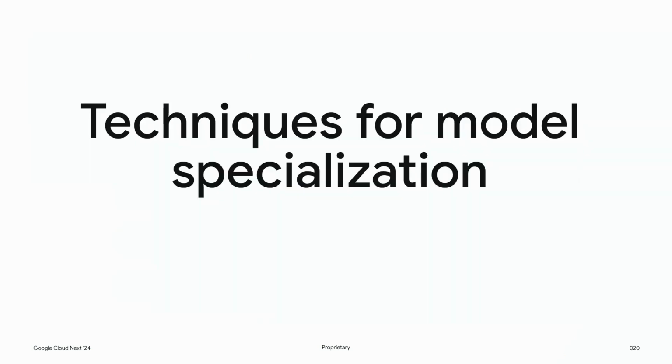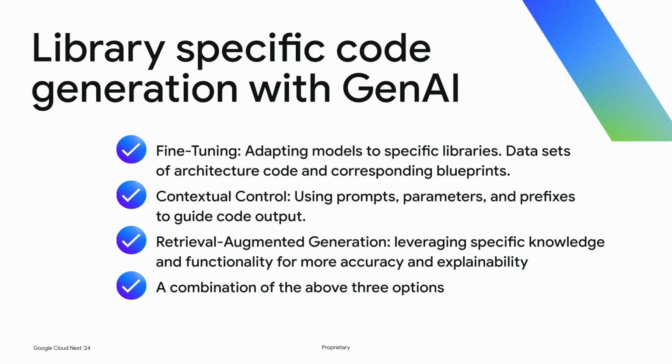Now, let's check what techniques we have at our disposal to train an LLM on specific code and to be able to generate code that you can use to generate diagrams. Well, first of all, it's fine-tuning.